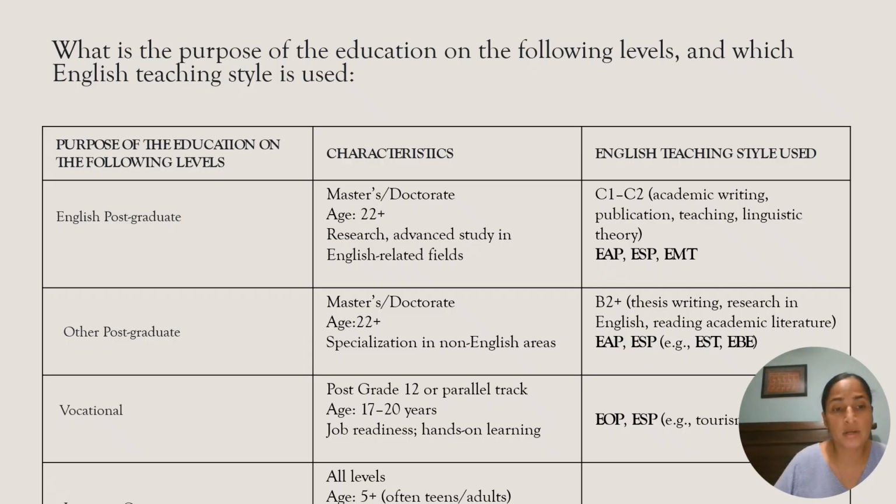Other postgraduate, master and doctorate, age 22 plus, specialization in non-English areas. They focus on EAP, ESP, EST, and EBE. The vocational is post-grade 12 for a parallel track, from 17 to 20 years, and they do more job readiness, hands-on learning, and they focus on EOP and English for specific purposes.